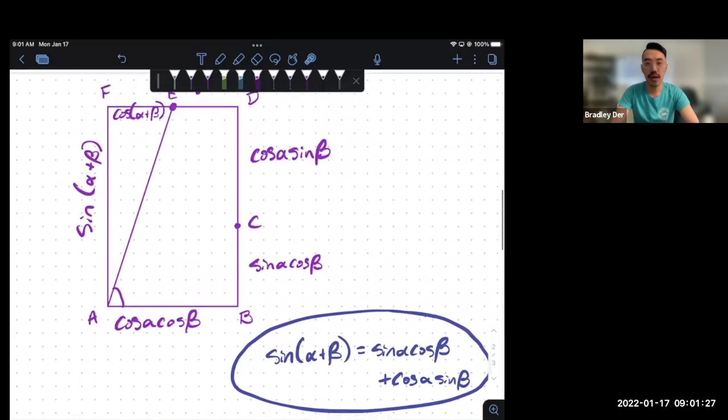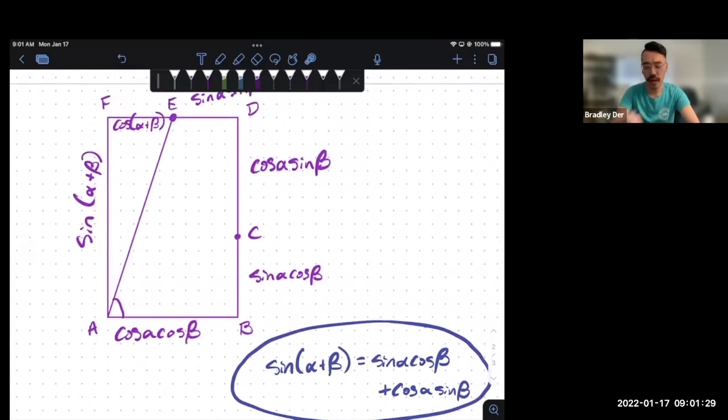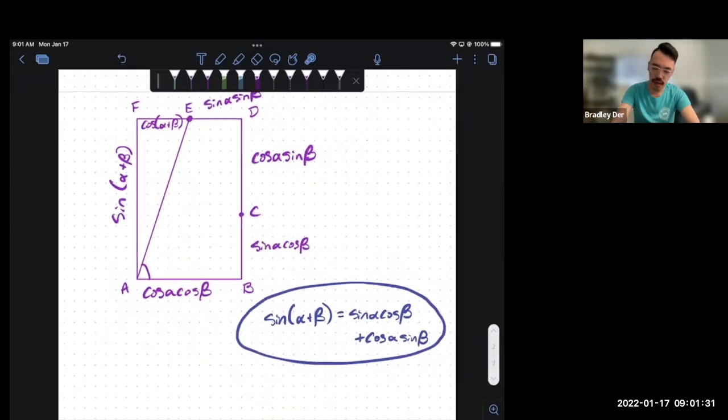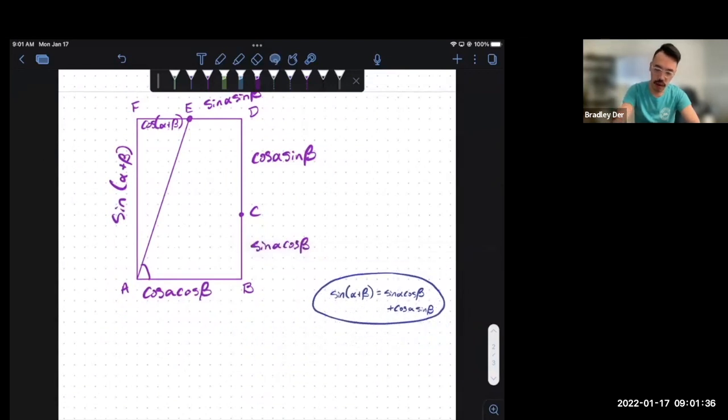I'm also going to get you the cosine formula right quick, and then we'll use that to actually answer our original question. So I'll just drop that over here. If we do the same thing, we're going to find with these two opposite sides of our rectangle that cosine alpha, cosine beta must equal the sum of cosine alpha plus beta, right, plus sine alpha, sine beta.